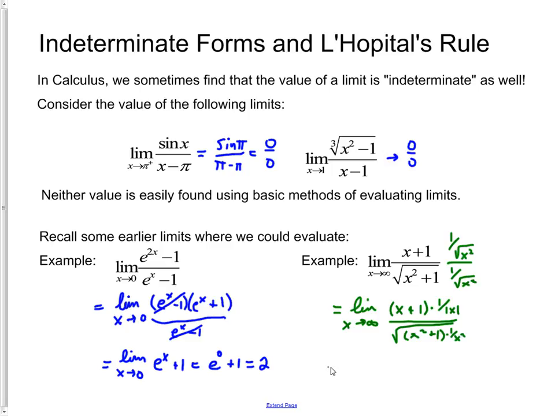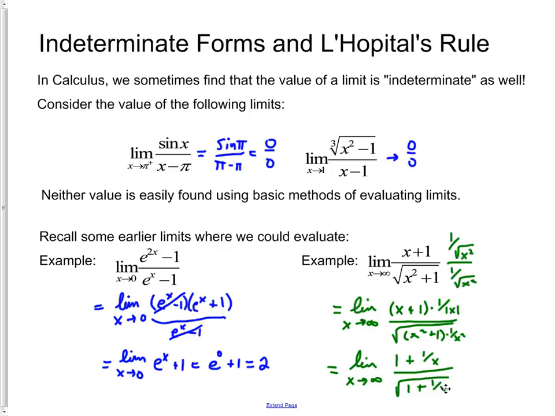And of course, since x is going towards positive infinity, the absolute value of x doesn't really matter in this case. If we were heading towards negative infinity, it might change a sign. But in this case, as we let x go to infinity, x times 1 over a positive value of x is just 1, plus 1 over x. And to the right, my denominator becomes 1 plus 1 over x squared.